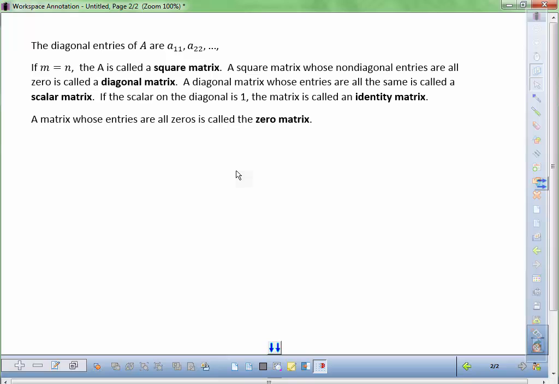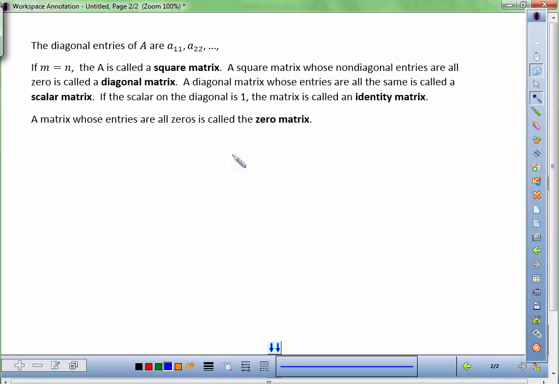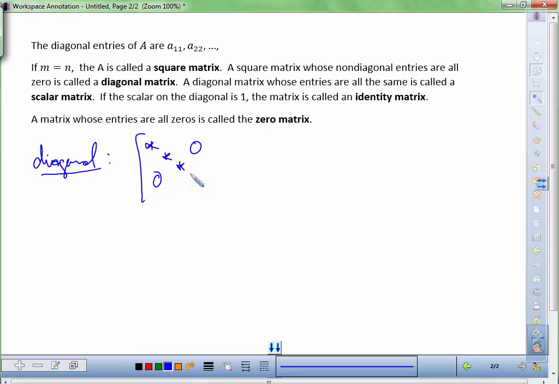It says here a diagonal matrix whose entries are... So a diagonal matrix would be a matrix that has zeros everywhere else except for the diagonals.